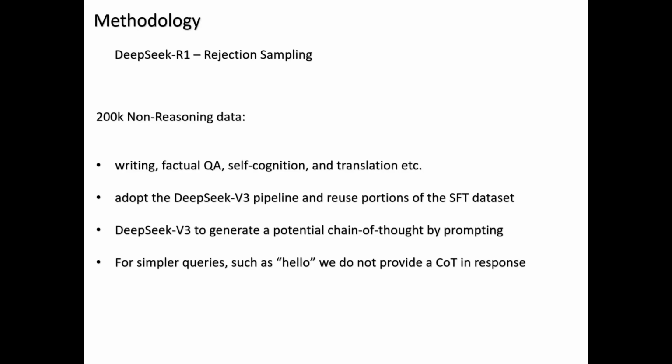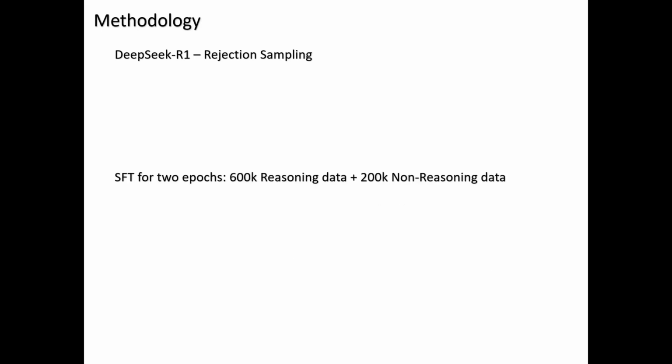And for the non-reasoning data, they prompted DeepSeek V3 to generate potential chain of thought and keep them short, because long chains of thought are not needed for this kind of questions, to avoid overthinking. And for simple questions like hello, they don't need a chain of thought. Then they apply supervised fine-tuning for 2 epochs on those 800K total data points.